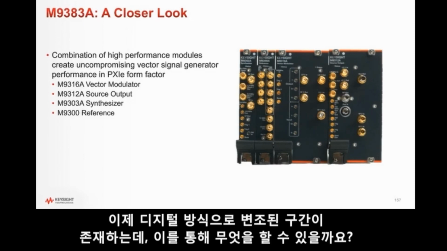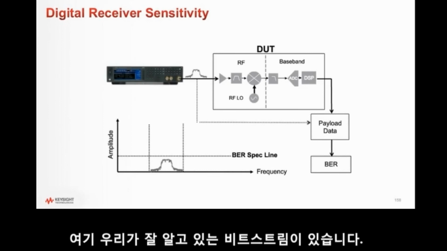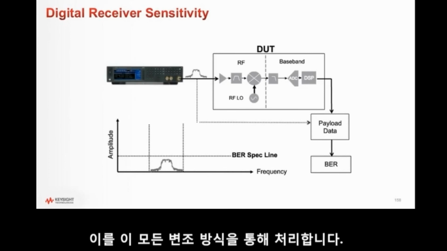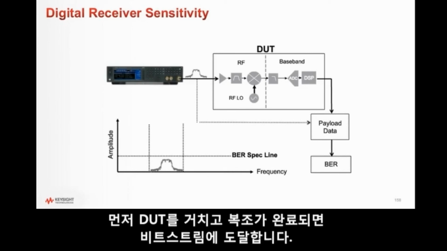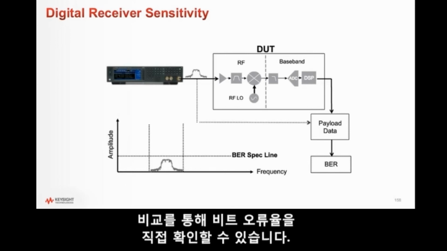Again, now that we have a digitally modulated section, what can we do with it? Well, we have some bit stream that we know what it is. We run that through all this modulation. We go out to our DUT, it demodulates, and it comes back to some bit stream. So if we know what we have and we know what we started with, we can compare those and get a direct look at the error rate, the bit error rate.